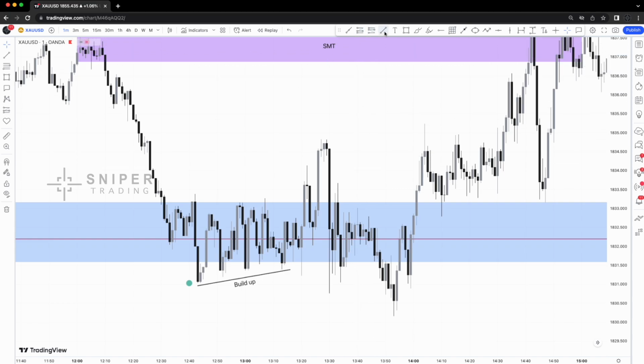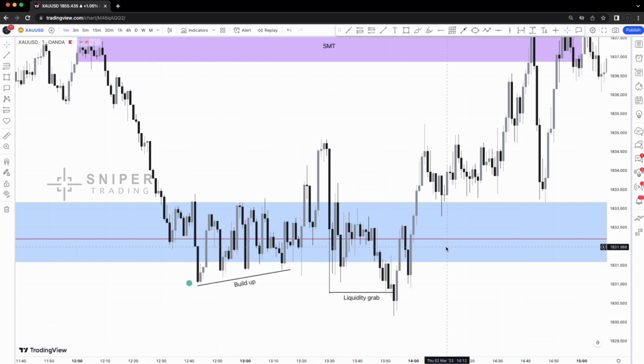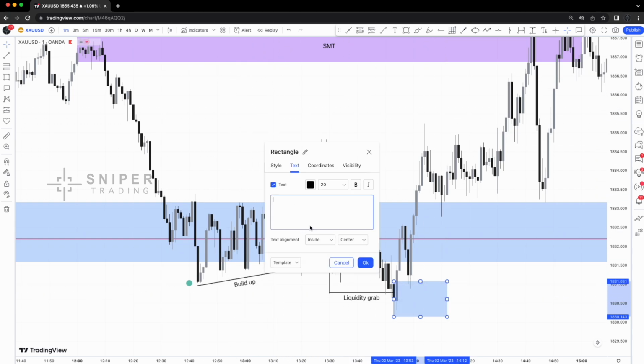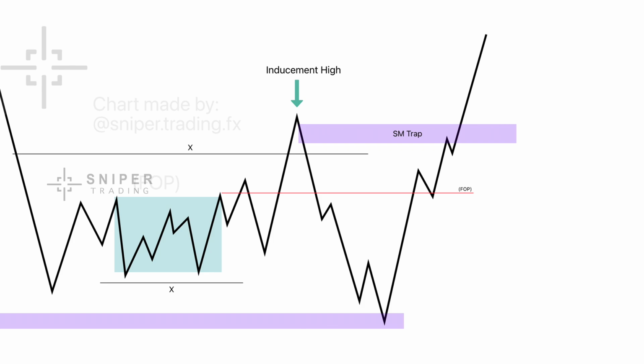And right next to it, we are going to be having the liquidity grab all the way from that long candlestick to the other candle. So this is going to be the liquidity grab. And right next to it, there's going to be the blue lower time frame demand zone. Also on the upper part, there's going to be inducement high candle.